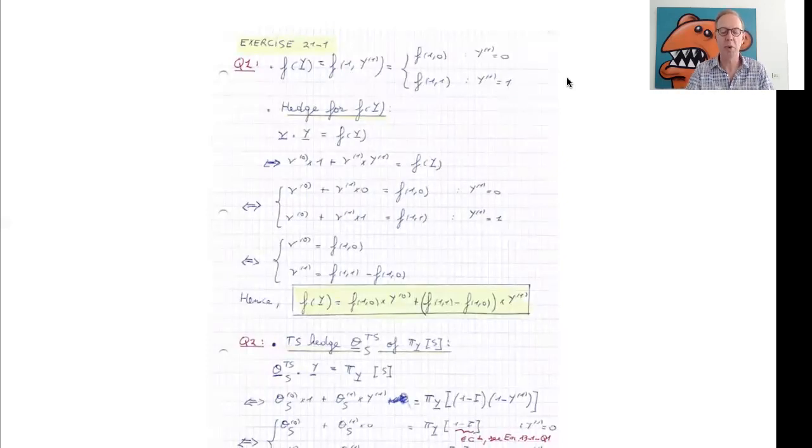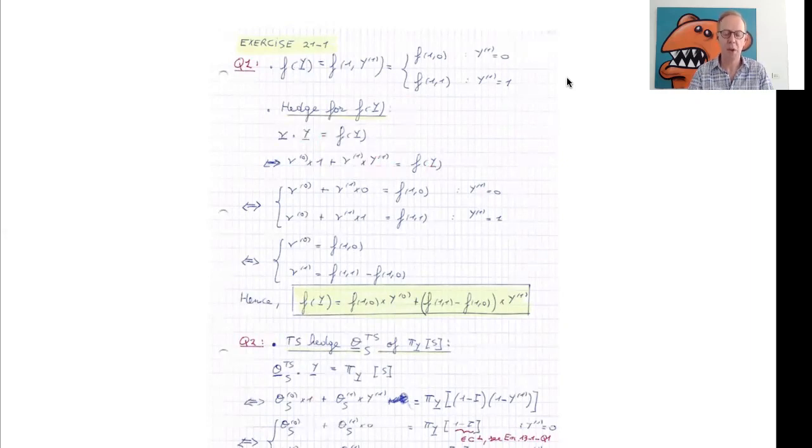Now we will look for a hedge for this F(Y). Let us denote the hedge by mu. If mu is the hedge, then the time 1 value of this hedge, mu multiplied by Y, must be equal to F(Y). Or we can write mu0 multiplied by 1 plus mu1 multiplied by Y1 is F(Y).